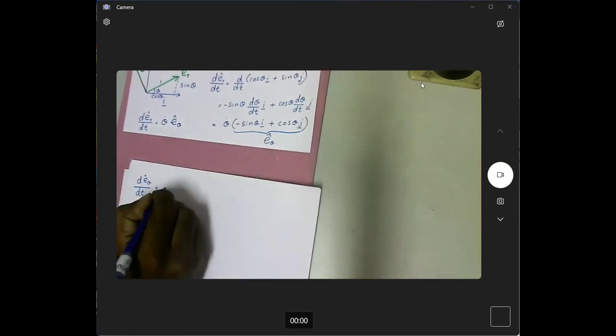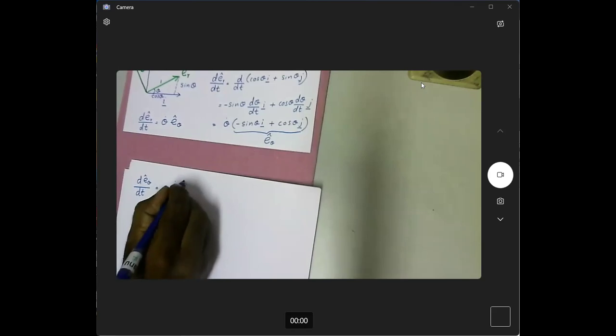This you will get as minus theta dot e_r. Check whether this quantity is correct or wrong.